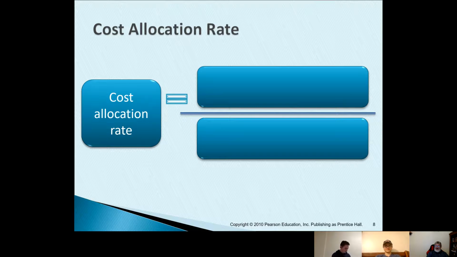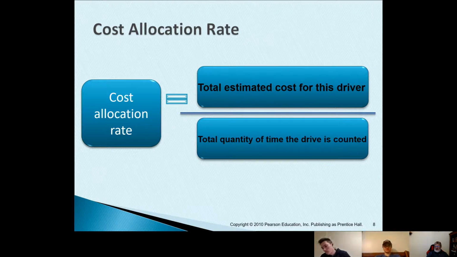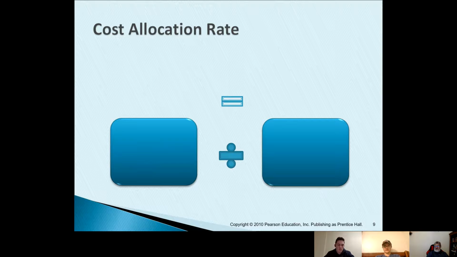So cost allocation rate. The total estimated cost for this driver divided by the total number of times you're going to do that, whatever that is. This is just simply the same thing. So we're going to estimate material handling at $6,000.